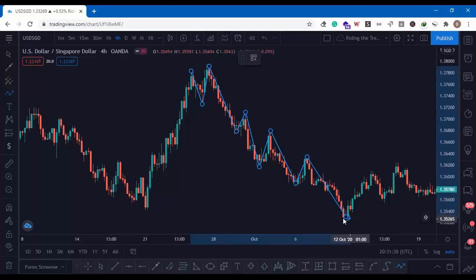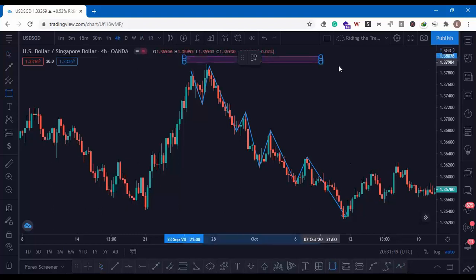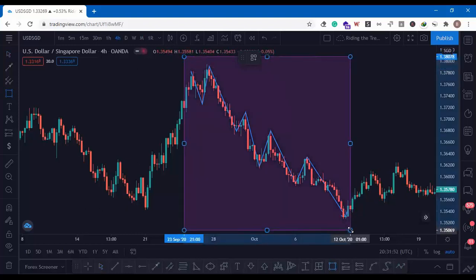So that's the bearish impulse and correction, and that's the bearish trend. Within this portion, you can decide to identify and trade, because this is a trending market and the trend is downwards.